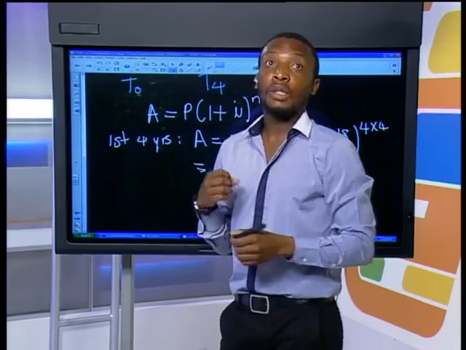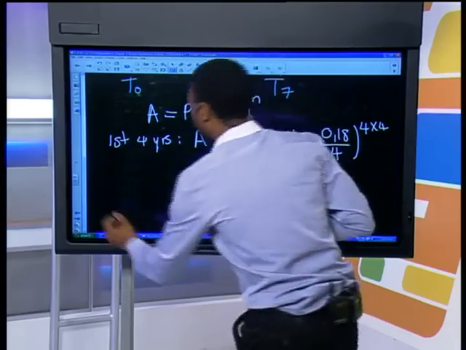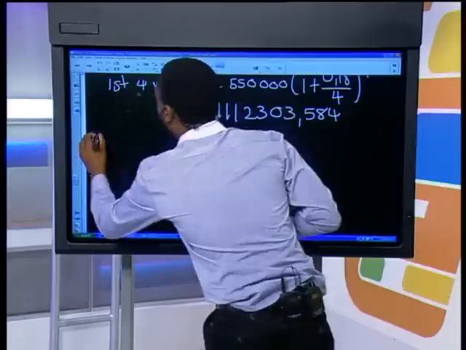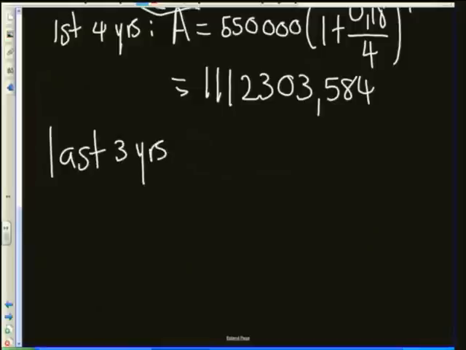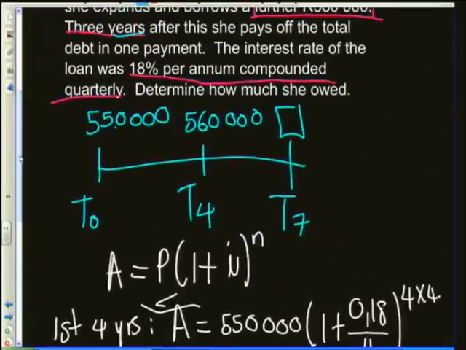Okay, so then she borrows another 560,000. So let's see what happens for the last 3 years. A is going to be my P. If you look at my timeline, the amount that she starts off the last 3 years with is not going to be just 560,000.